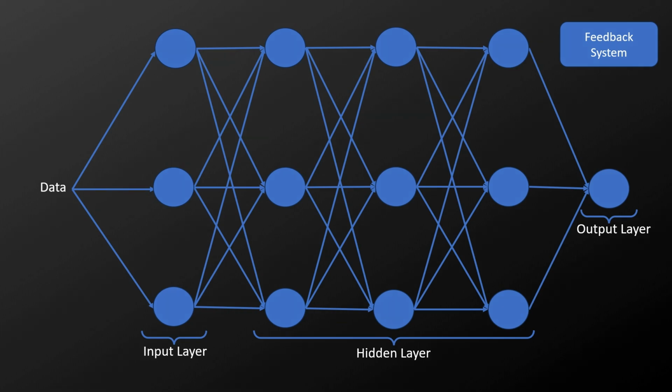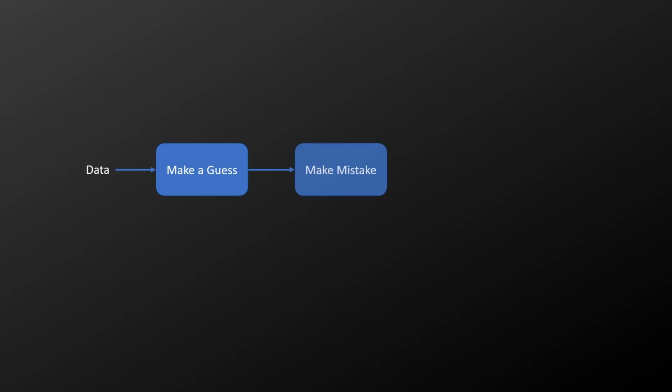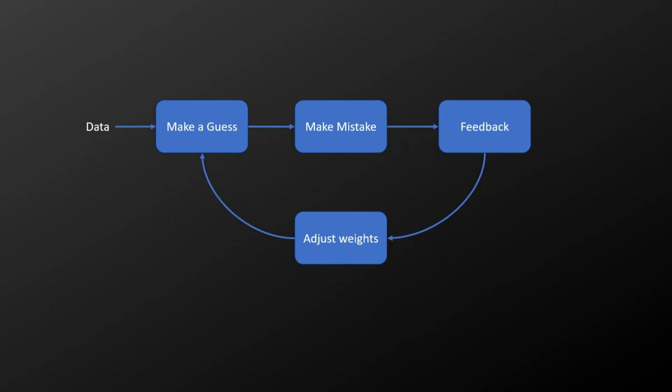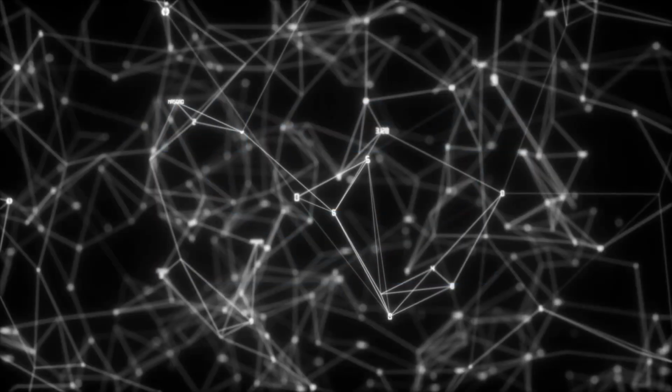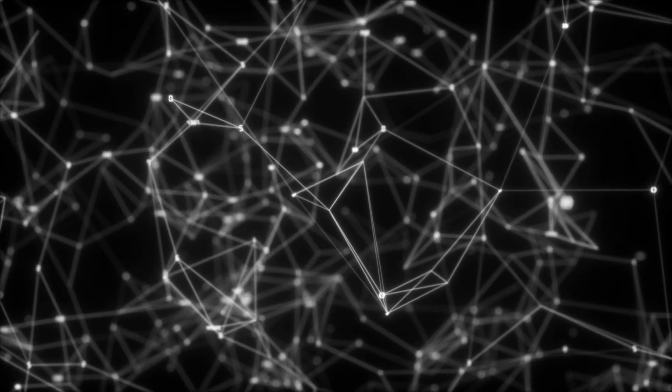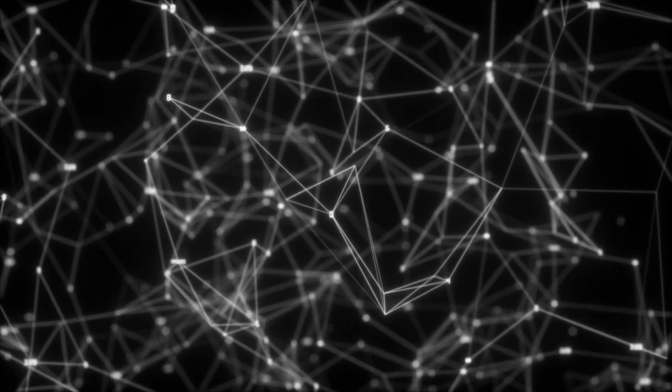At first, a neural network doesn't know much about identifying objects. It makes a random guess. Might make mistakes. Receives feedback and adjusts its weights, just like how Olivia helped the team to refine their approach. This process is called backpropagation. Over time, the network refines itself, just like how our team did. The more data it processes, the more accurate it becomes.